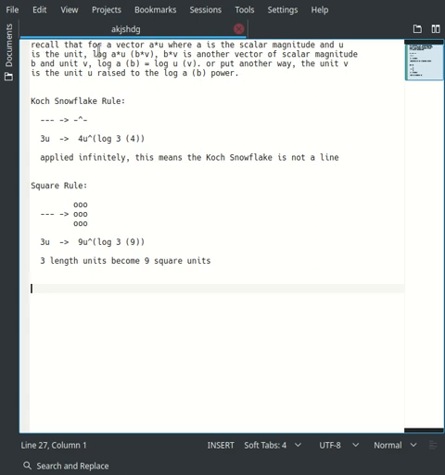So recall that for a vector with two components, a and u, where a is the scalar magnitude and u is the unit, log base au of bv, where bv is another vector of scalar magnitude b and unit v, log base a of b is exactly equal to log base u of v, right?